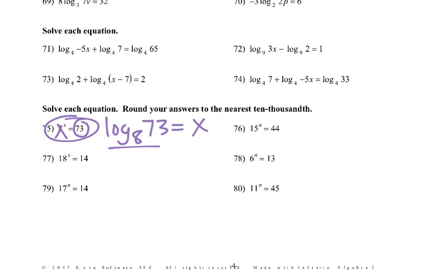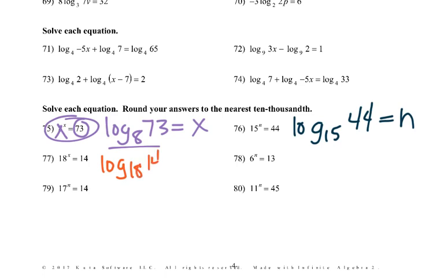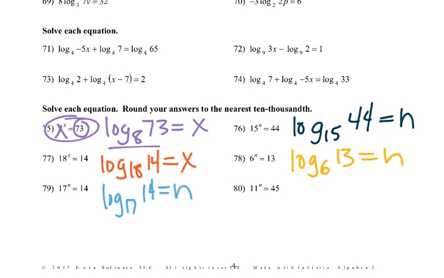76, same idea. I'd go log base 15, so we're essentially just rearranging them, of 44 would equal n. 77, log base 18 of 14 would equal x. Okay, 78, log base 6 of 13 would equal n. 79, log base 17 of 14 would equal n.